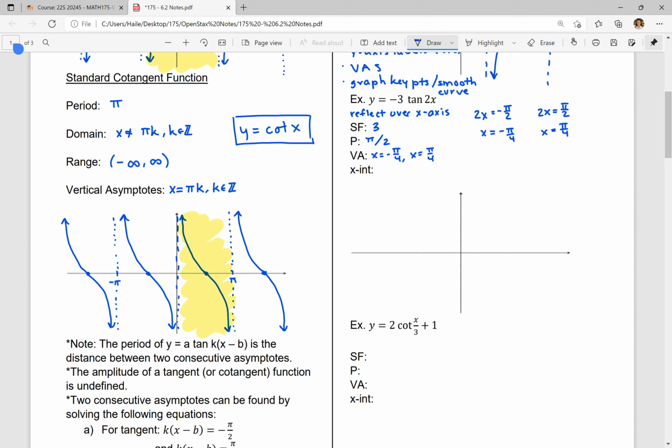So again, when we draw our picture, first thing we want to do is label the x-axis. So we're going to put a tick mark for each vertical asymptote. So we have negative pi over 4 and pi over 4, and then we're also going to have a tick mark in the middle of those two asymptotes. So then I can draw in my dotted lines.